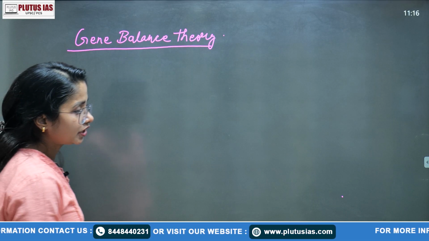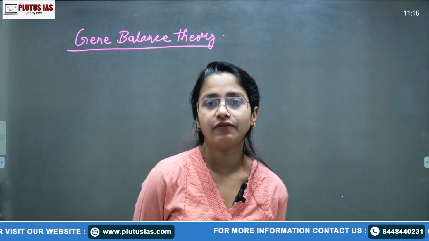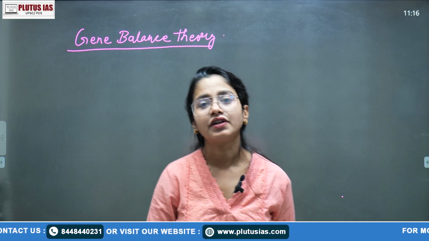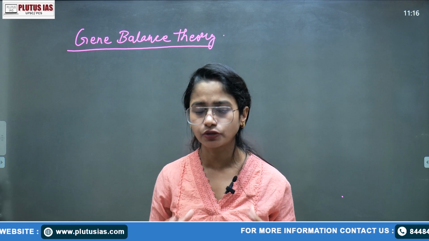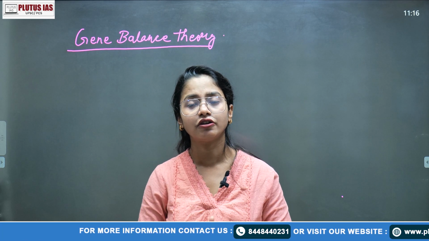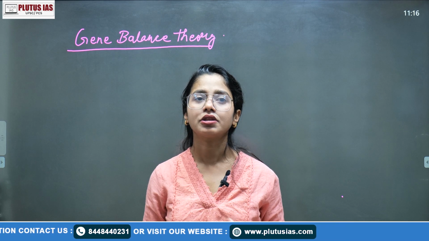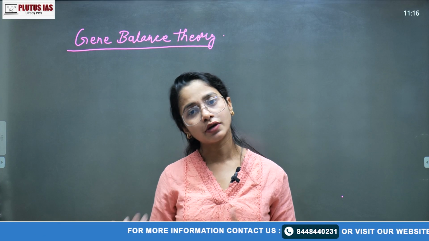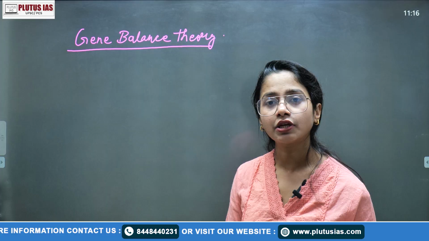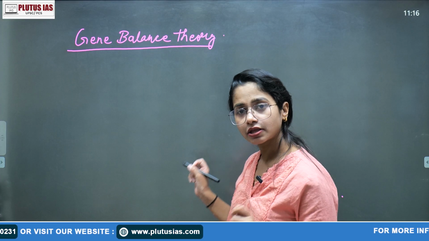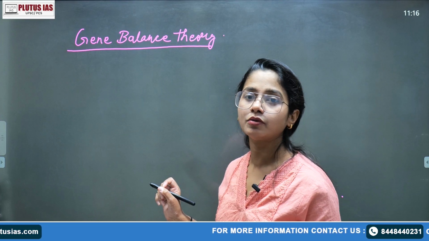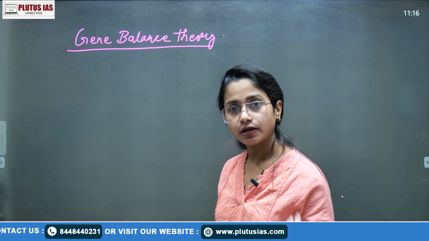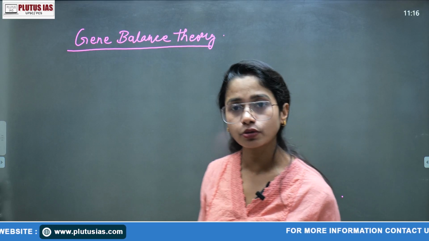Okay, so actually in the gene balance theory, if we talk about the chromosomal aspect, why do I always talk about humans also? Because relative to humans it will be easier to understand. So again, in humans, in the 46 chromosomes or 23 pairs of chromosomes, we know that pairs 1 to 22 are mainly autosomes, right?